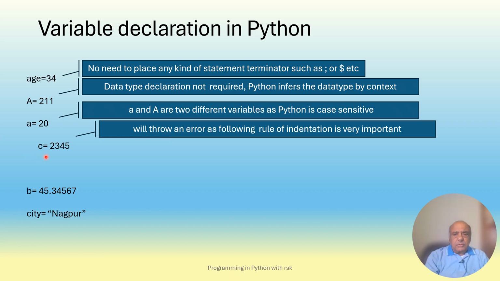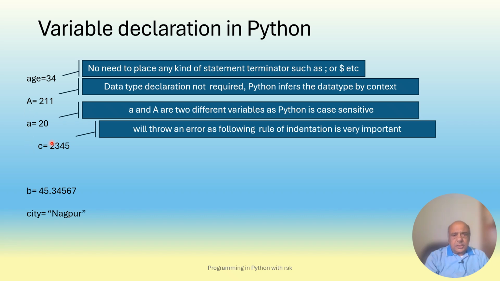C is equal to 2345. There is an indent here, and this will throw an error. It is very important in Python to follow the indentation rules.